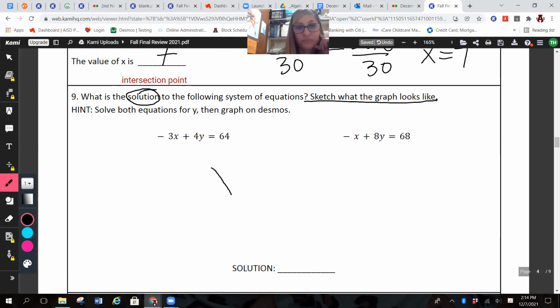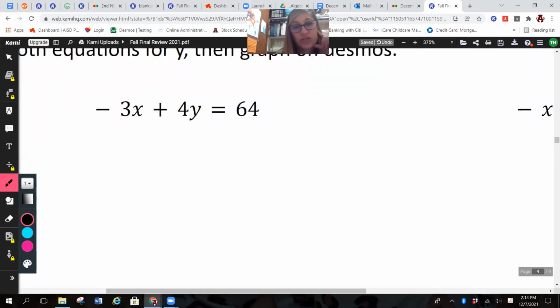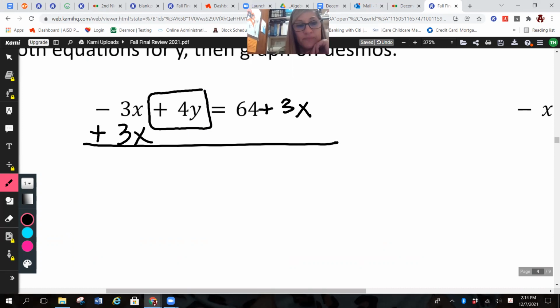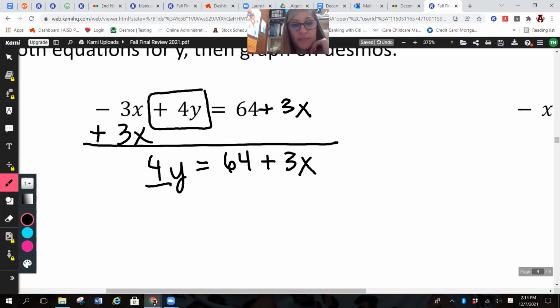All right, here we go. Yes, you guys guessed right. We're going to box the y. We're going to move the x by doing the opposite sign. And we're going to divide. We're dividing by the number next to y.